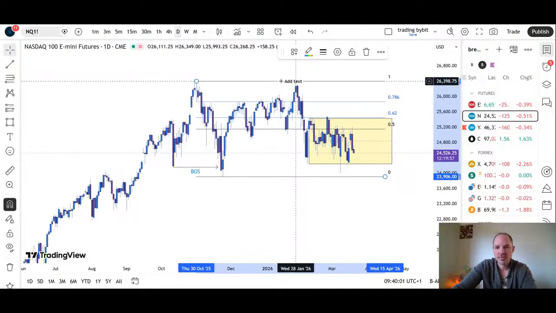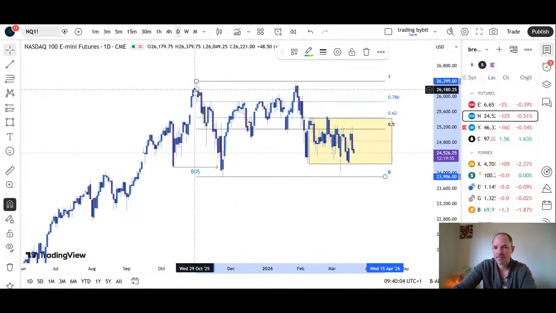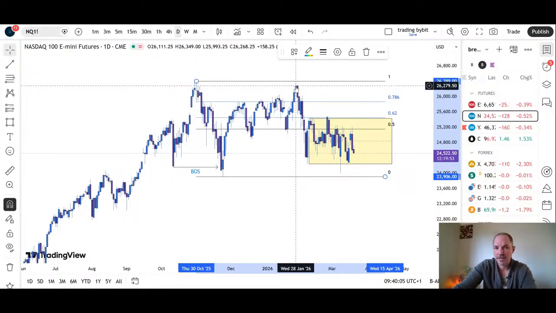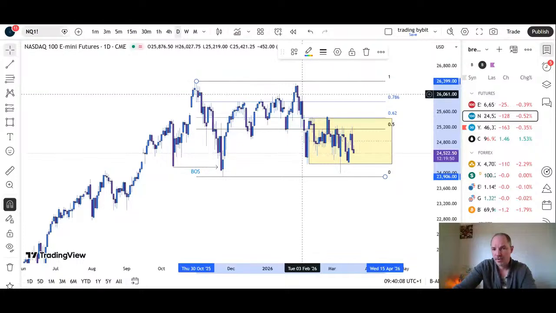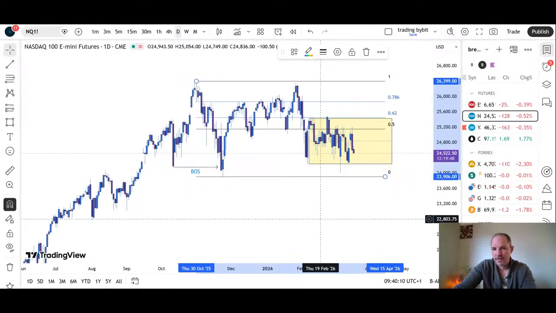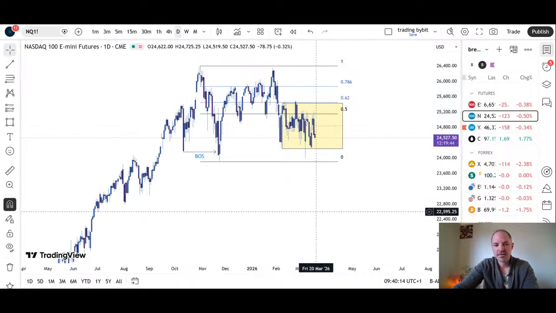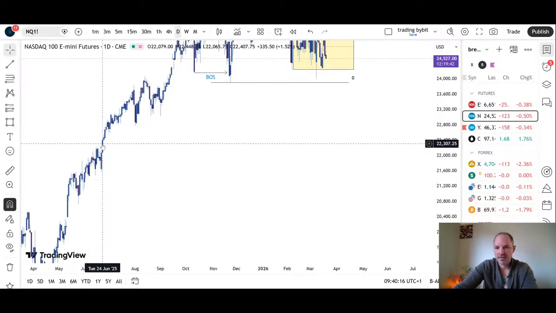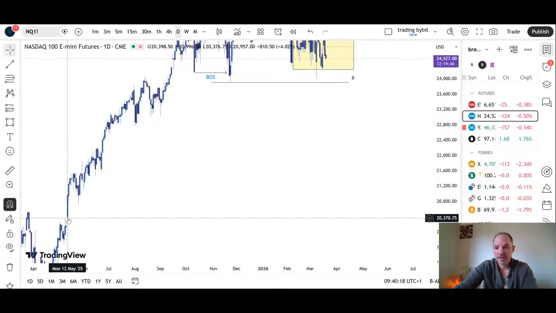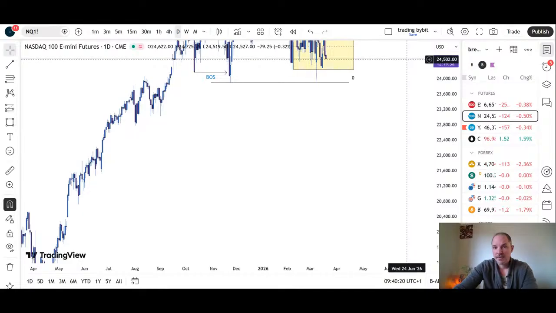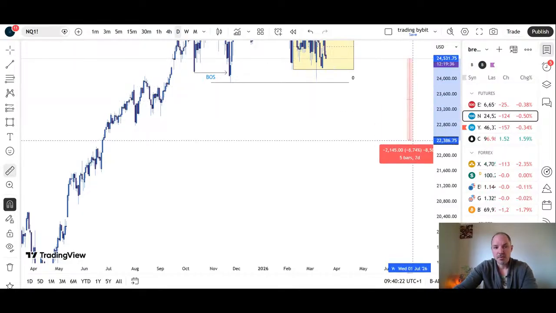So we almost touched the low, we didn't. It was a small value gap up here, a void that was still open, so we tapped it. These are dailies, people. And now we're starting to move. So if we start dropping below 23,900, I'm expecting us to go back at least to 22,000 or even back to 20,000. This people will shake out.